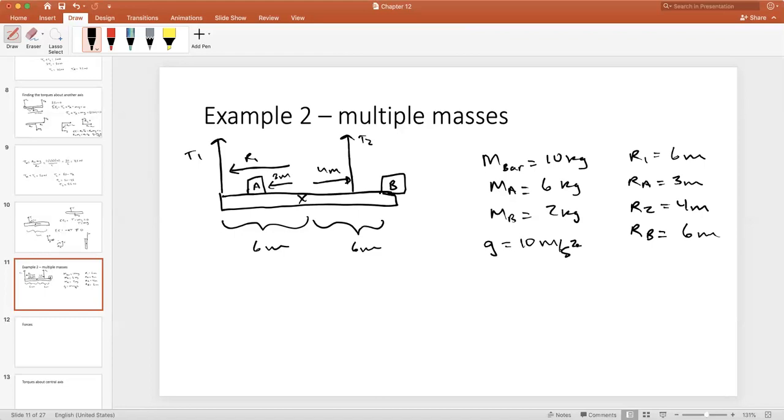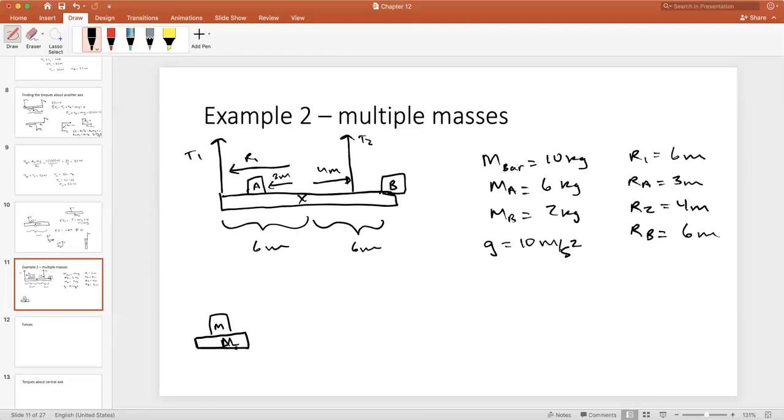Okay. So just as before, our first step is to sum the forces and set them equal to 0. Going through the types of forces, really quickly, I want to talk about normal forces. So imagine you have a bar and you have a mass on top of the bar, little m.